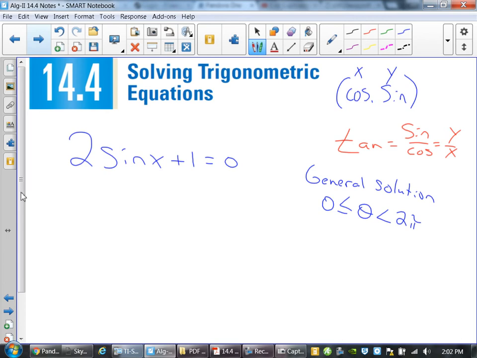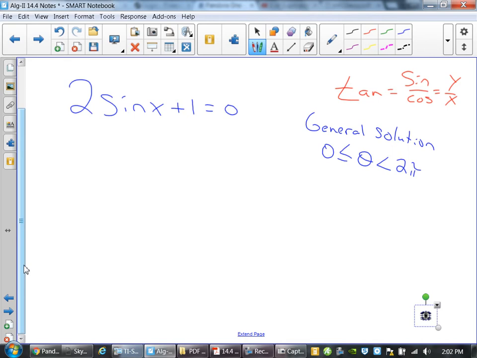Same thing. So here, everybody agree I'd subtract 1, divide by 2? So you get the sine of x equals -1/2. What angle has the sine of -1/2? Now you're looking at this between one revolution, between 0 to 2 pi.